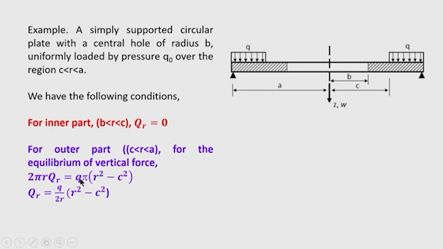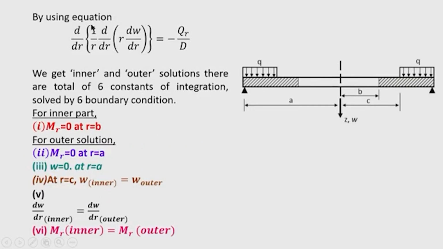This total external load on the slice should be equal to the total shearing force. From that condition we get q r equal to q by 2 r bracket r square minus c square. Then we should find the deflected surface by the integration procedure, and we adopt the third order equation where shear force is related to the third derivative of the deflection.